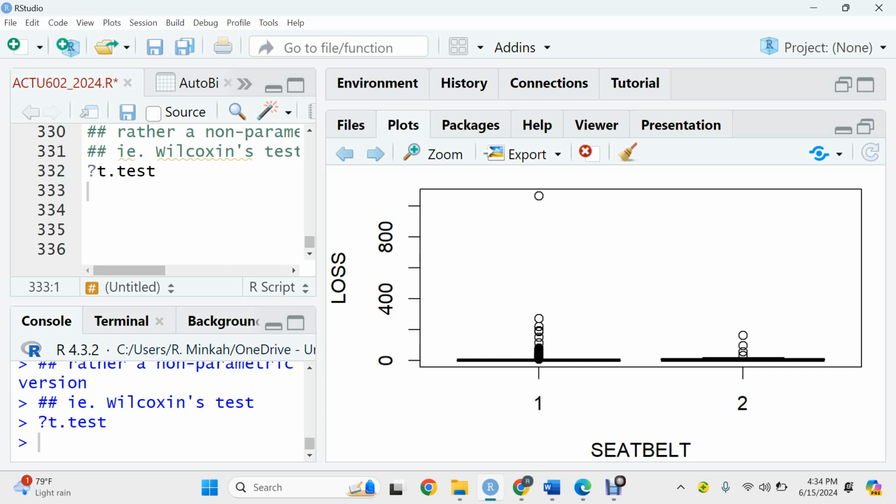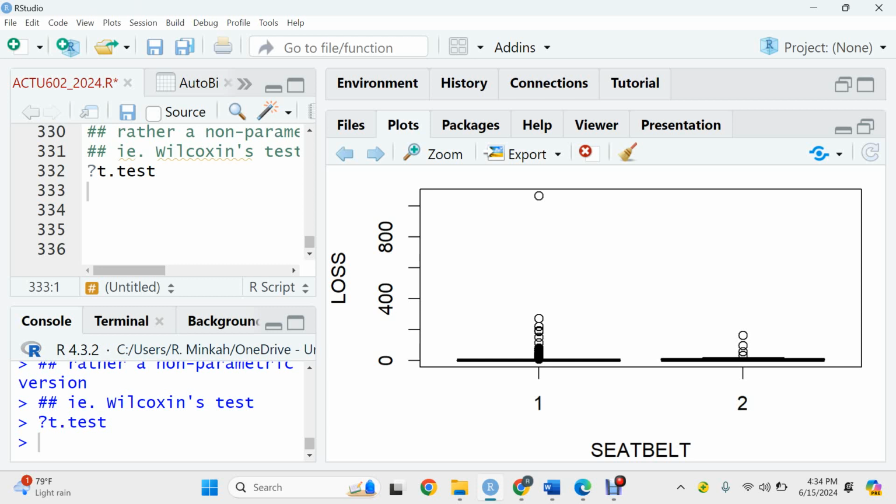T is equal to x bar 1 minus x bar 2 minus mu 1 minus mu 2, divided by the standard error of that, which is, you remember, sigma 1 squared over n1 plus sigma 2 squared over n2. If they are the same, then this is equal to that, and then I can pull it out. That's what we mean by pooled variance. So we also need to check that.